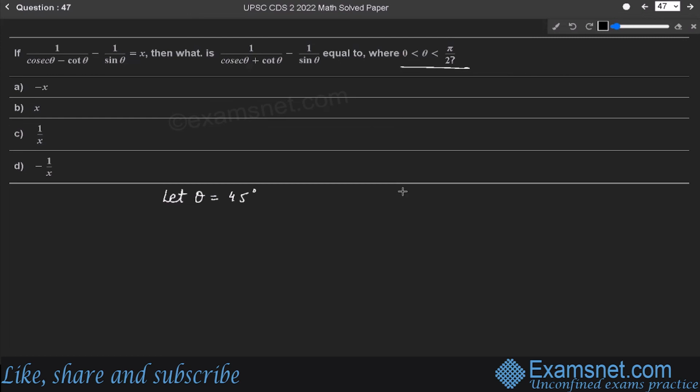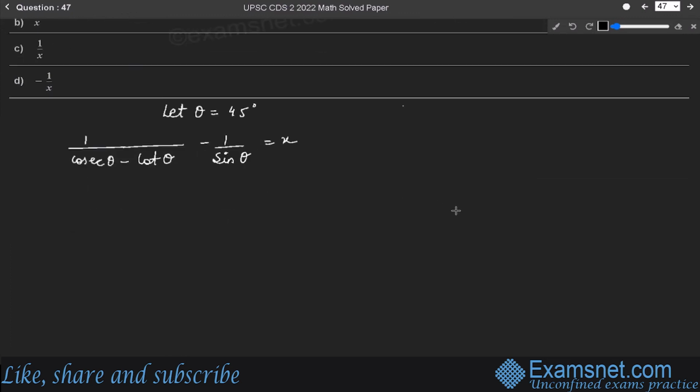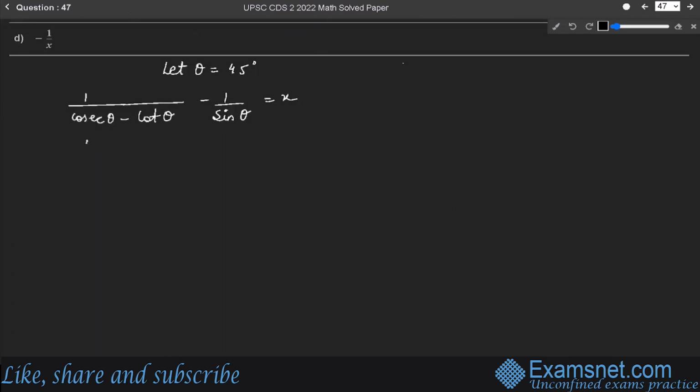Now let us solve this part, which is the value for x. So it is given that 1 upon cosec theta minus cot theta minus 1 upon sin theta is equal to x. So when theta is equal to 45, it will be equal to 1 upon cosec 45, which is root 2, and cot 45 is 1, minus 1 upon sin 45, which is 1 by root 2.